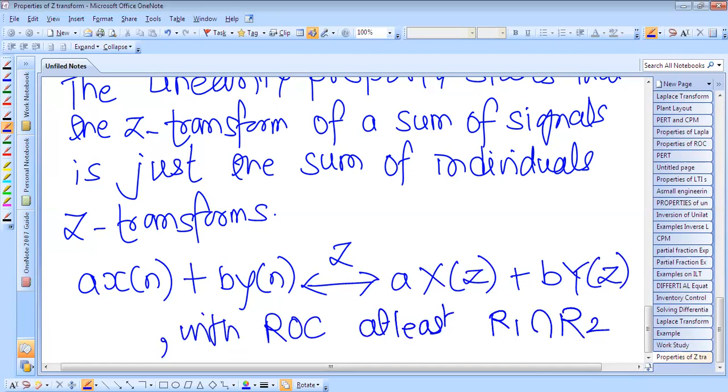The ROC can be larger than the intersection if one or more terms in x of n and y of n cancel each other in the sum. In the Z plane this corresponds to a zero cancelling a pole, which defines the ROC boundaries. We will consider this phenomenon in the next example.